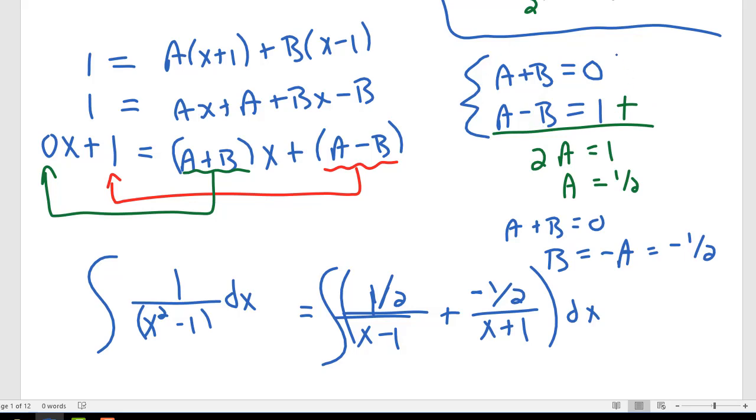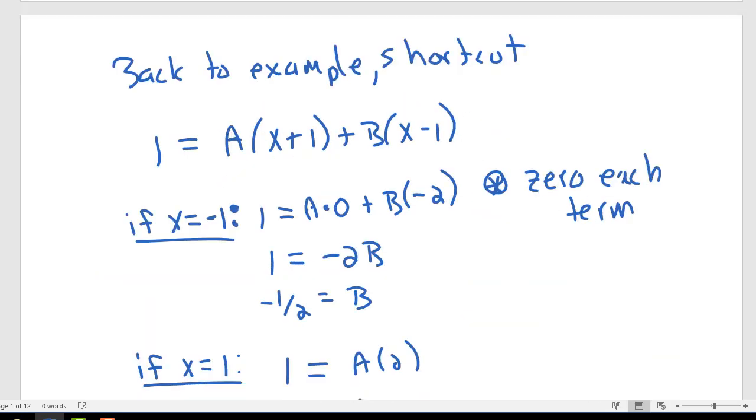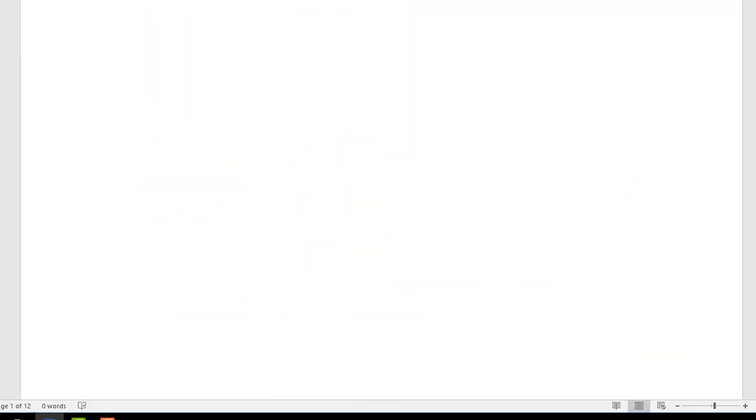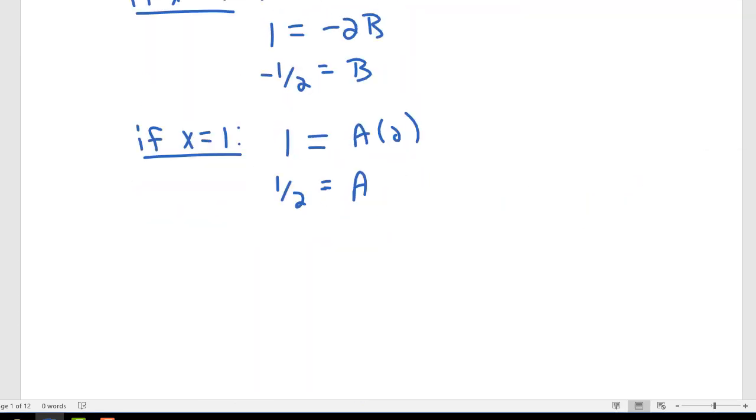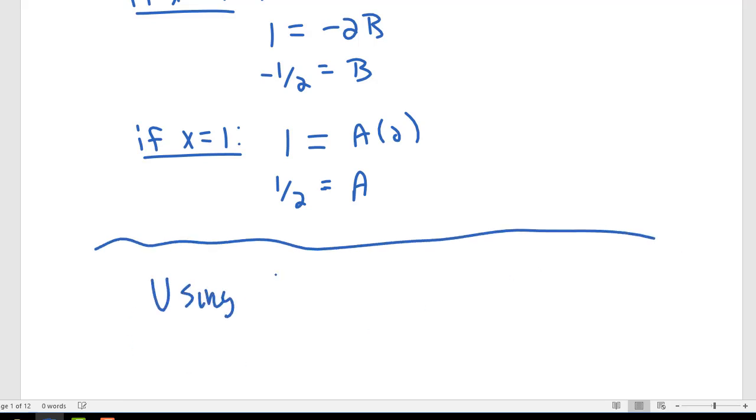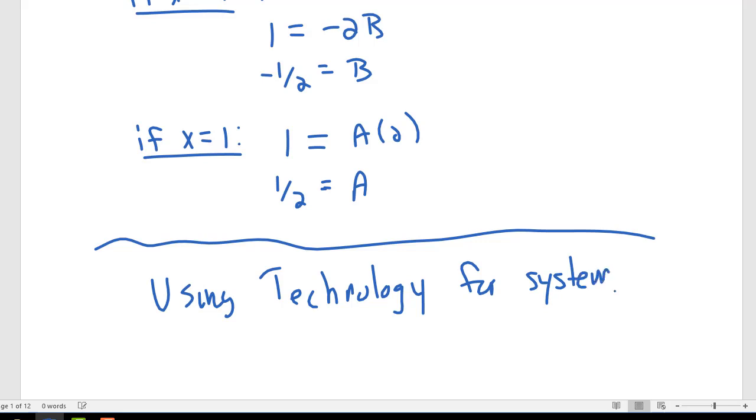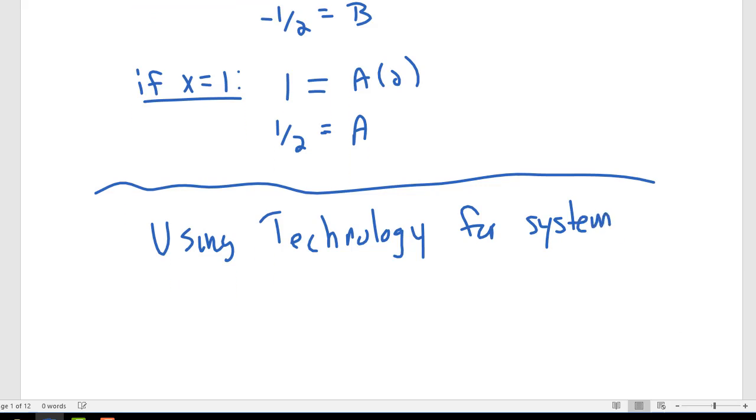I have a plus b equal to 0, a minus b equals 1. So let me come back down here. Let's say we're going to use technology for the system. Again, this kind of falls back to a pre-calculus course.